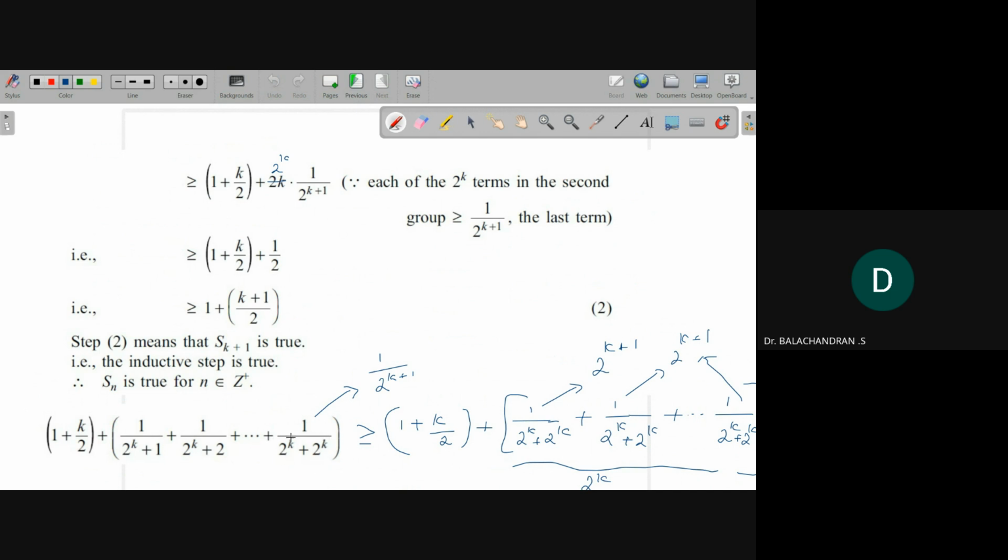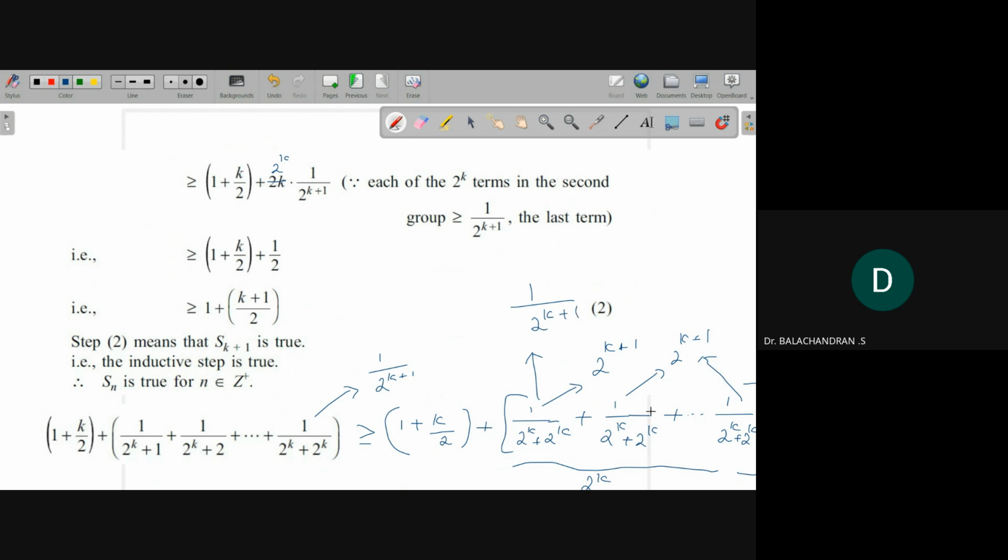So that's why I'll put this is greater than or equal to the last one. Similarly, instead of this, it is greater than or equal to the last expression. So the last one I'll keep as it is. Now what is this totally? This expression is 1 by 2 power k plus 1.